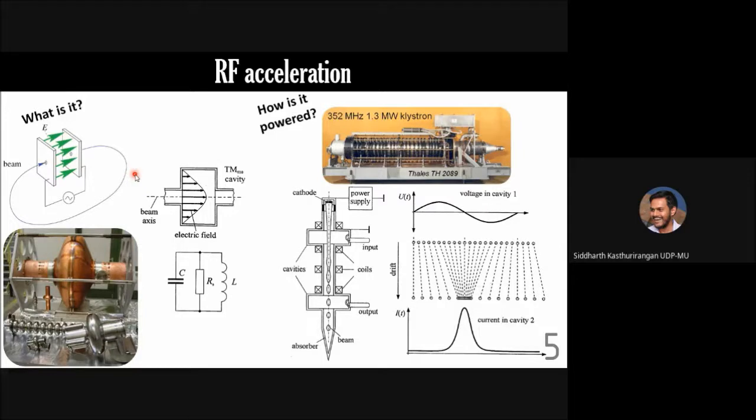The basic theme of RF acceleration is that you have an AC power supply between two plates, and whenever a particular part of the half cycle is going on, the electric field will point in the left to right direction, and you make the beam arrive at this position exactly when this situation is occurring, so that when the beam enters, it will experience an accelerating field.